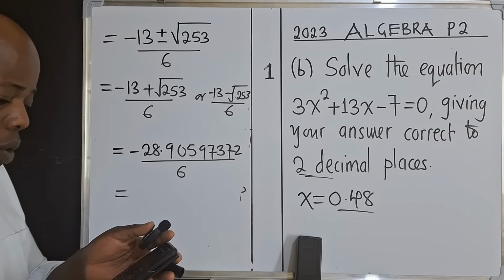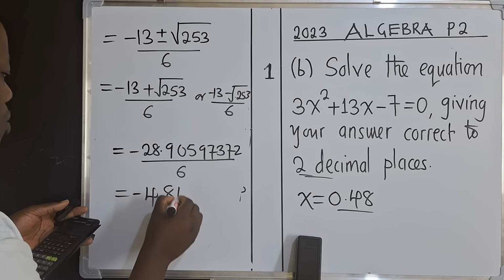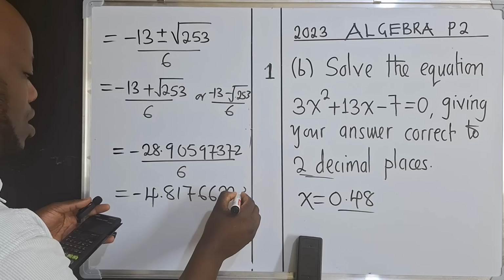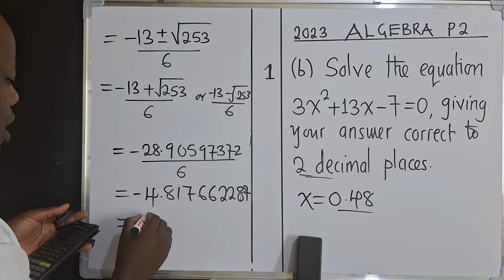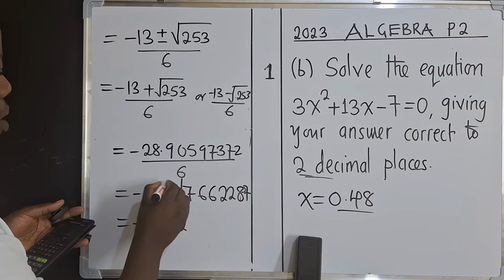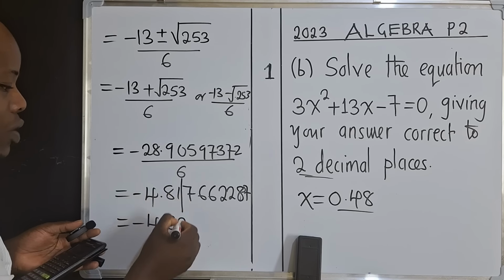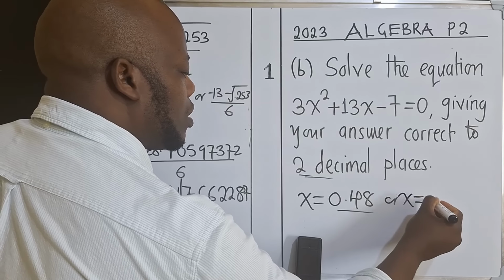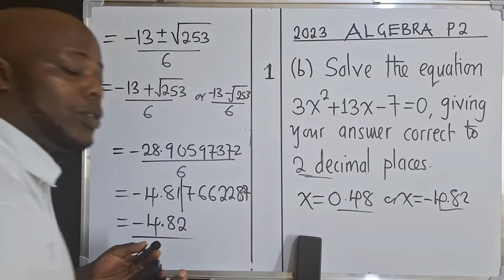When we divide by 6, it's giving us negative 4.817662287. So writing this in 2 decimal places, it will be negative 4.82, because it's up to here, 1, 2. So this is a strong number, it will affect the 1 here, so it will be a 2. And we shall say x is equal to negative 4.82.